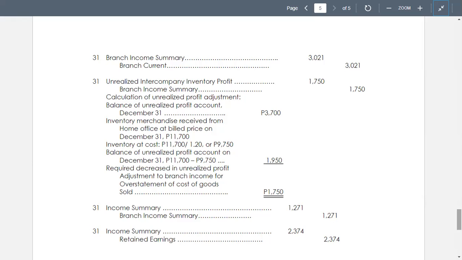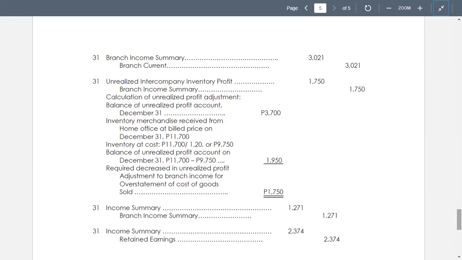Now that is the unrealized profit on December 31. The correct balance is 9,750, or the cost is 9,750. So the unrealized profit is 1,950.